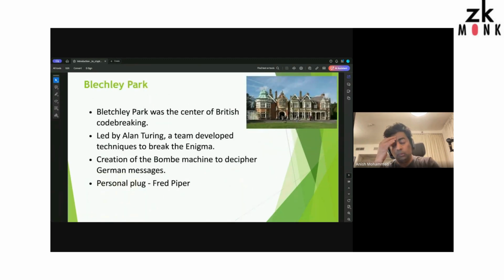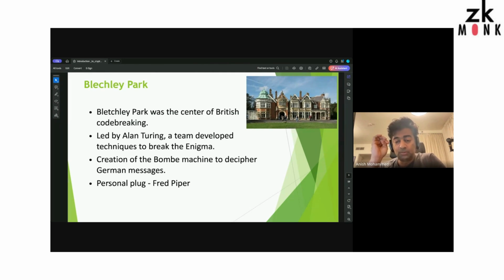So why is Bletchley Park super interesting in this sense? I'm sure everybody has heard about Alan Turing and the Turing test, right? Given the age of AI, everybody and his dog has heard about the Turing test. But Alan Turing made his career doing cryptanalysis. Those of you who recognize Bletchley Park, this is the building that was left.